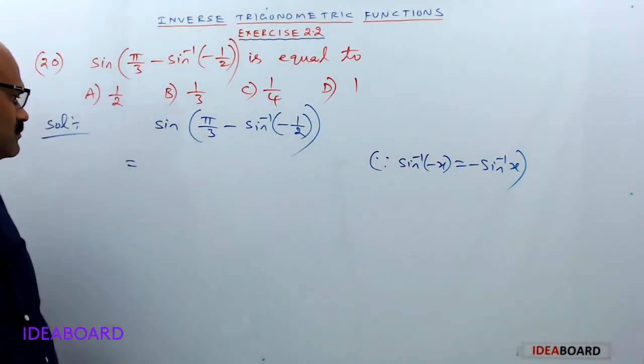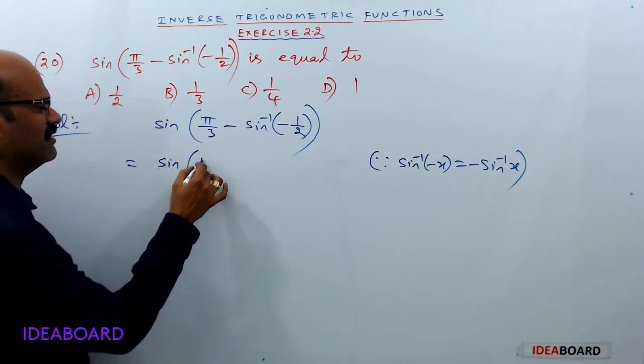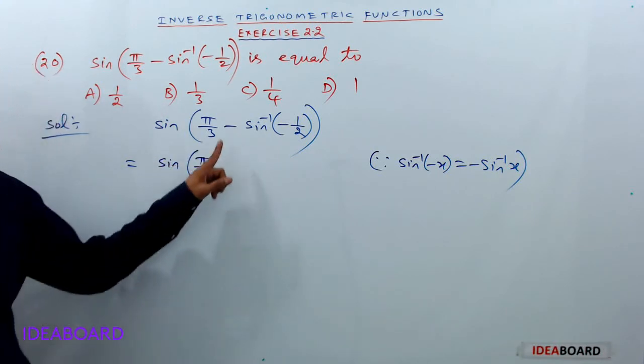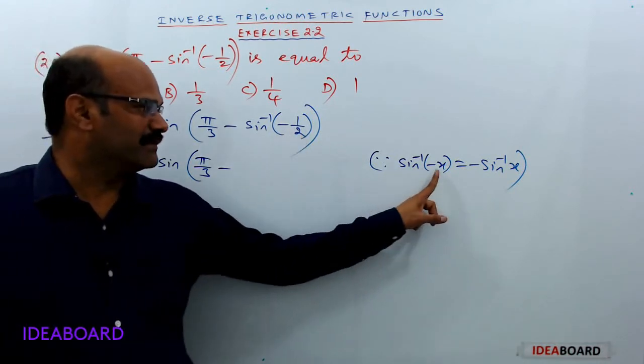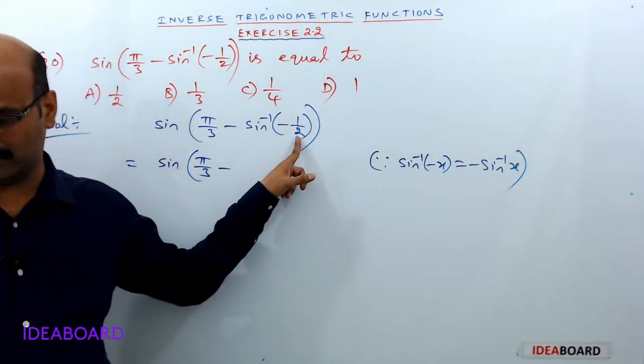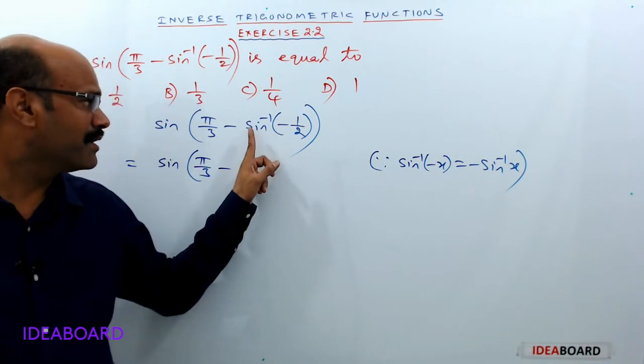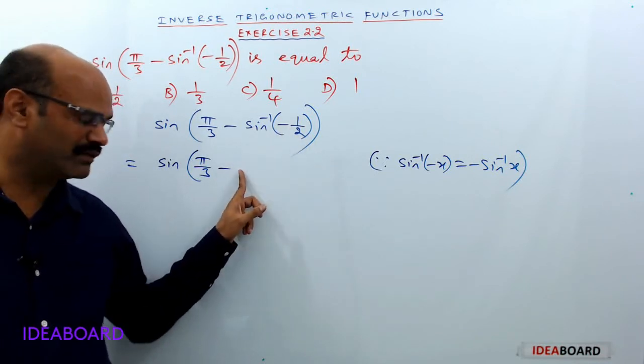So it's equal to sine of pi by 3 minus of, in the place of x we have 1 by 2, so it can be written as minus sine inverse of 1 by 2.